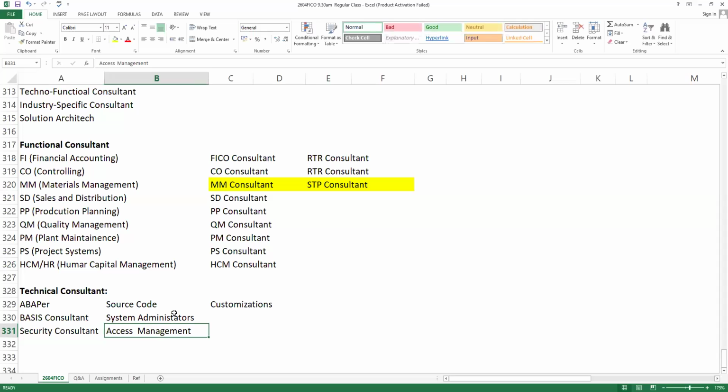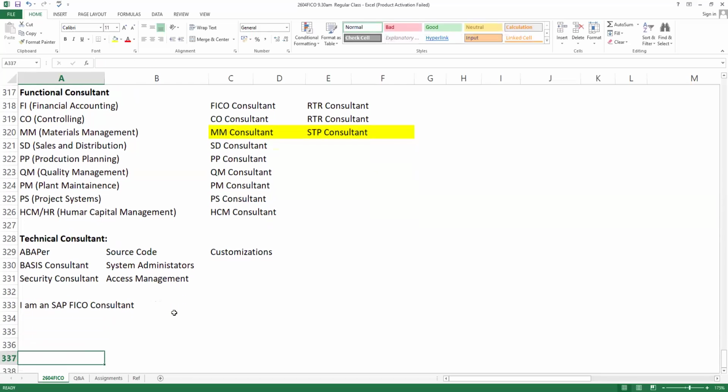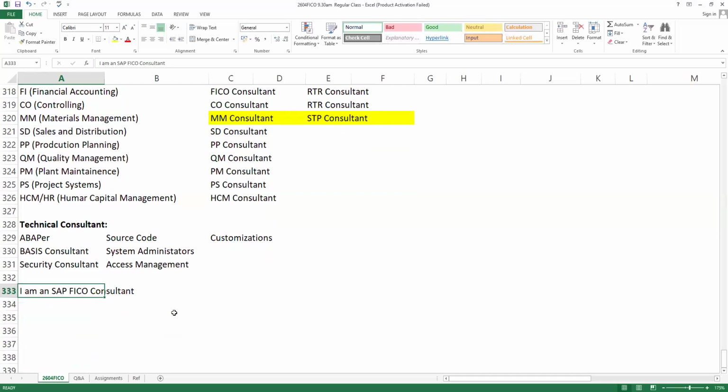For example, in a project we are implementing SAP. As a functional consultant, who am I? I am an SAP FICO consultant. The security consultant will deal with access management.